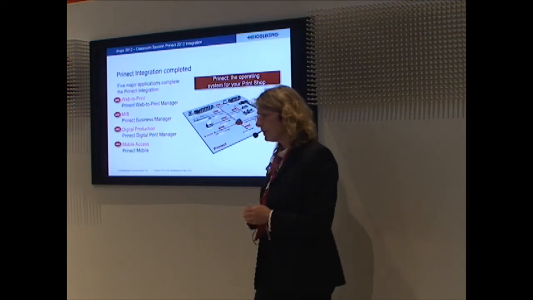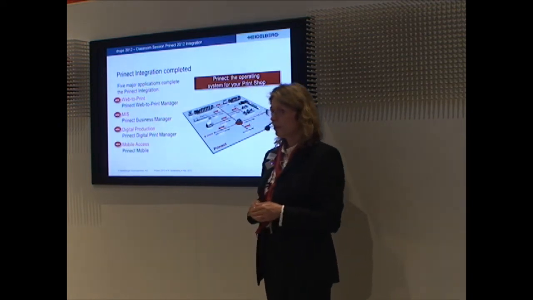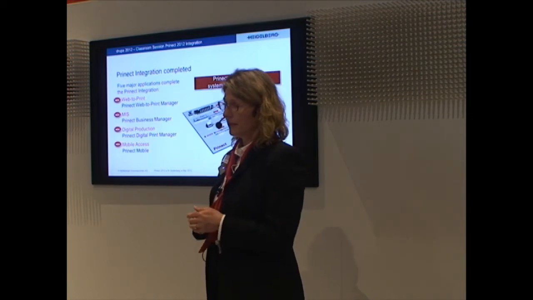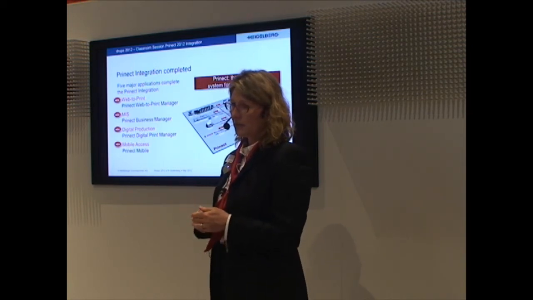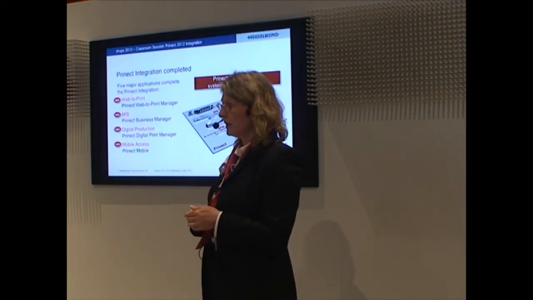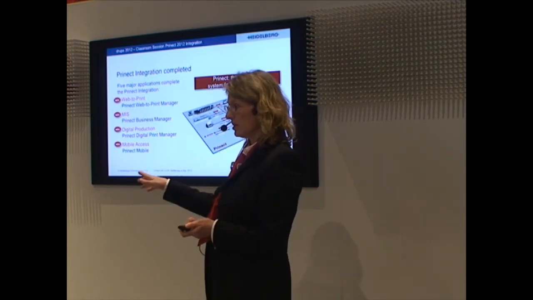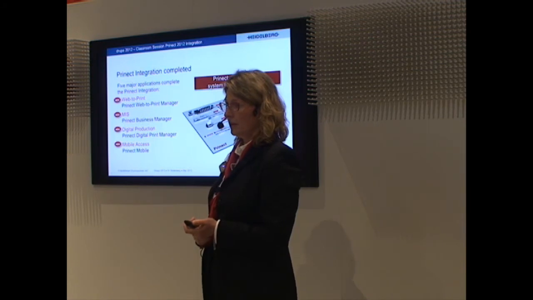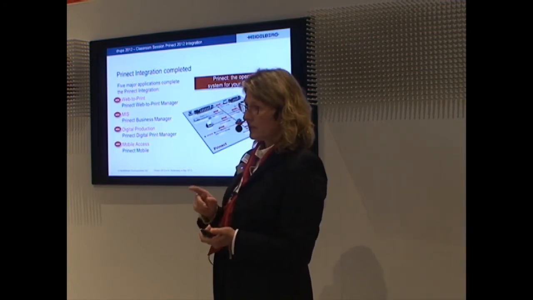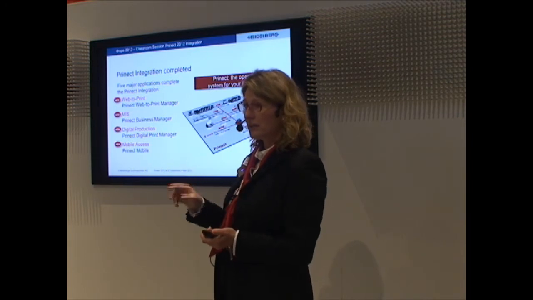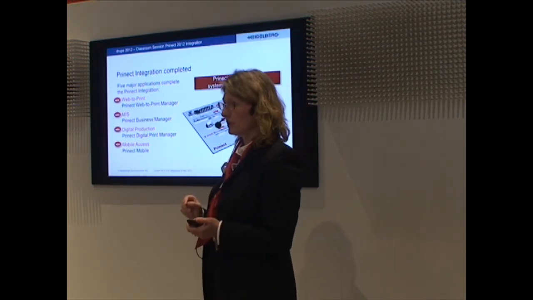We have Prinect Mobile. Prinect Mobile helps you to look at your shop from outside. So you're at the customer's side, the customer asks you, any idea when my job will be delivered? And you can look the job up and say, yeah, it's going to be then. Even more important, if the sales guys are at the customer's side and they say, well, I'd like to place an order, by when can you produce it?